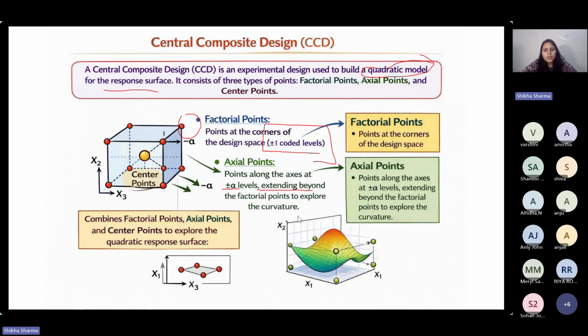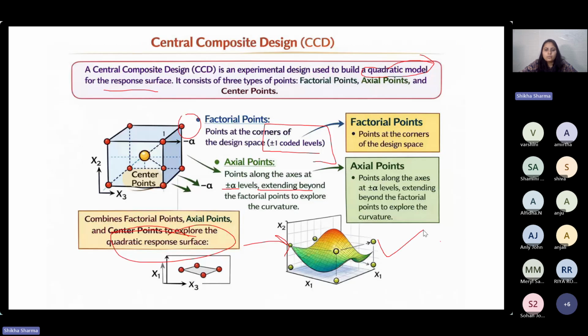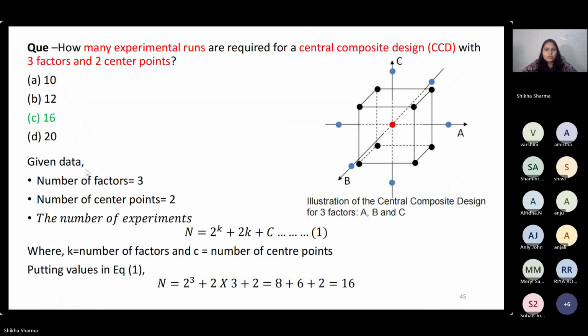The factorial points, the axial points, and the center points form a quadratic response model, and we can finally put it into response surface graphs. Here, given that the number of factors is 3 and the number of center points is 2, the number of experiments n equals 2 to the power k plus 2k plus c, where k is the number of factors and c is the number of center points.